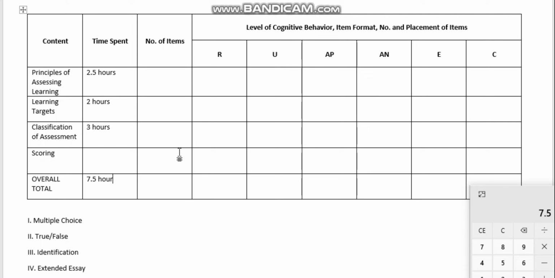To determine the number of items for each content, we first find our desired number of items. Let's say we want a 20 item test.